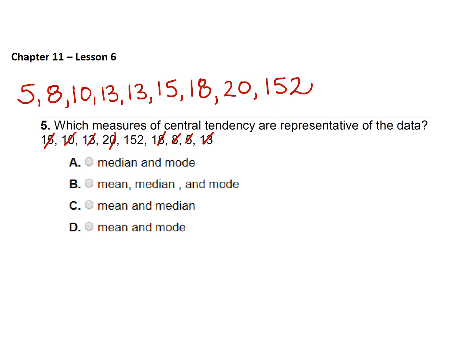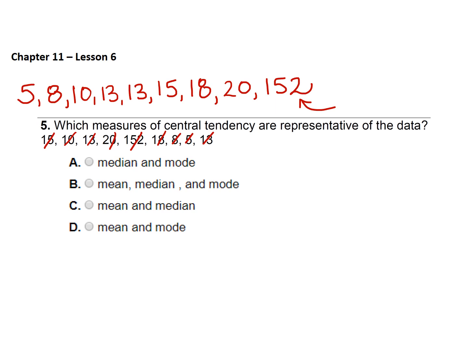Okay, so here's the deal. The median is not going to give you the best picture of the data because you have to include 152. So that's going to skew the median really far away.